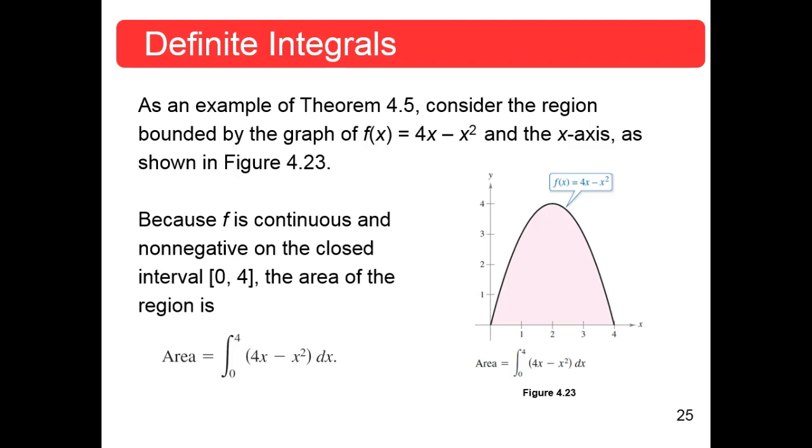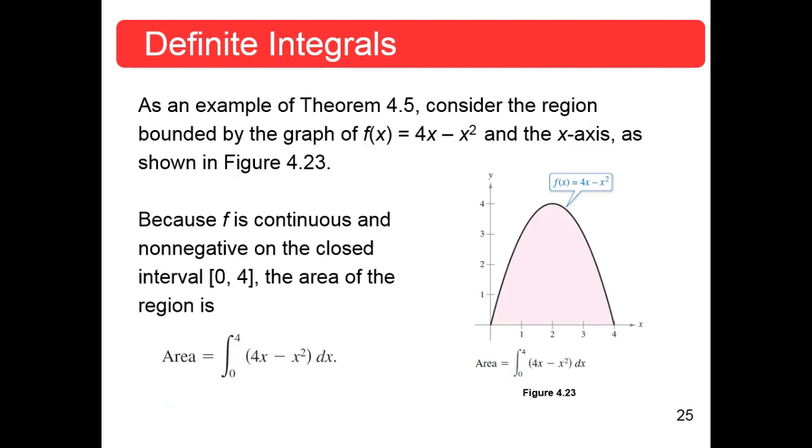As an example of theorem 4.5, consider the region bounded by the graph of f of x equals 4x minus x squared, the x-axis, and shown here. Okay? Now let's just check and make sure they've got a few points right. Would 0, 0 be right? X equals 0, 4 times 0 minus 0, that's 0. So that works.